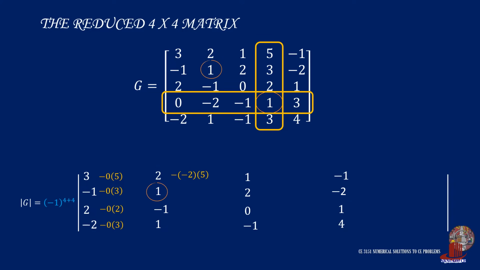Going down the same column, 1 is subtracted by the reflected factors of -2 and 3. Element 3, 2 is subtracted by -2 times 2. Then the last row of column 2 has the reflected factors of -2 and 3.